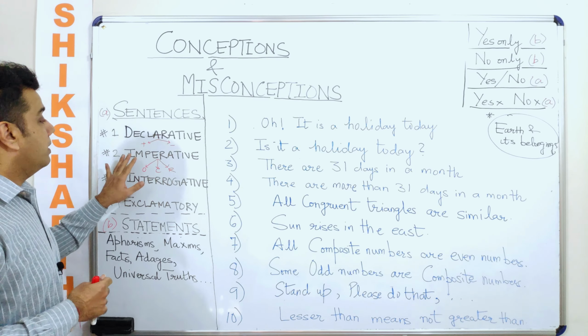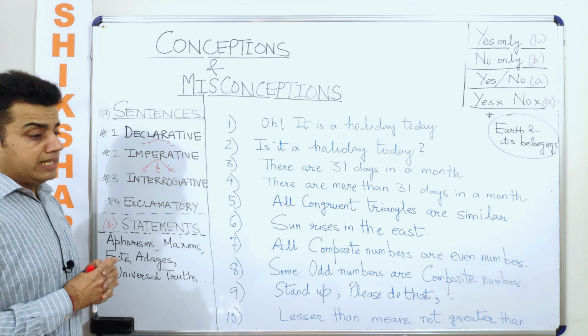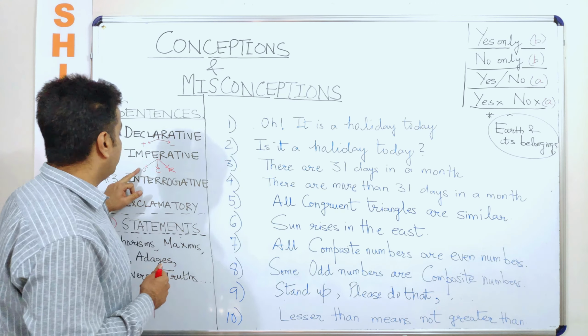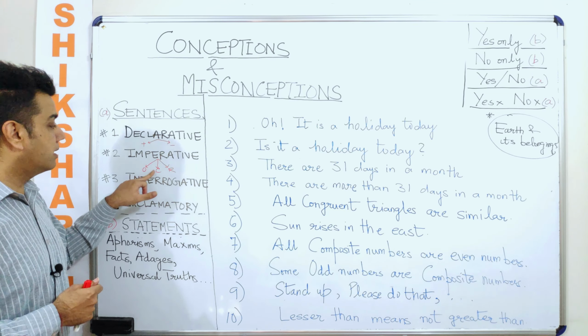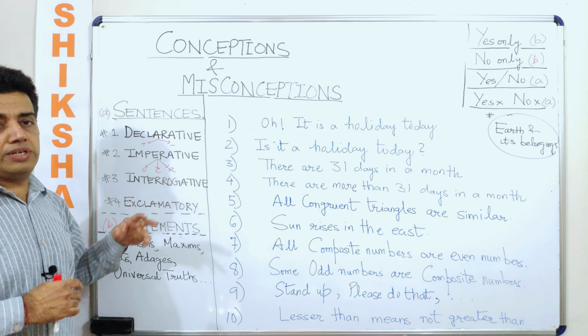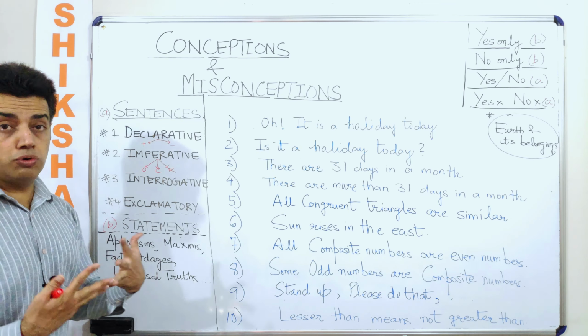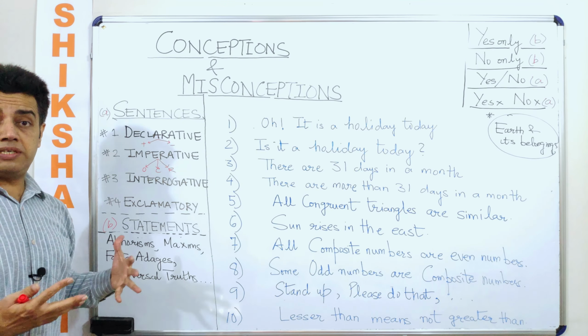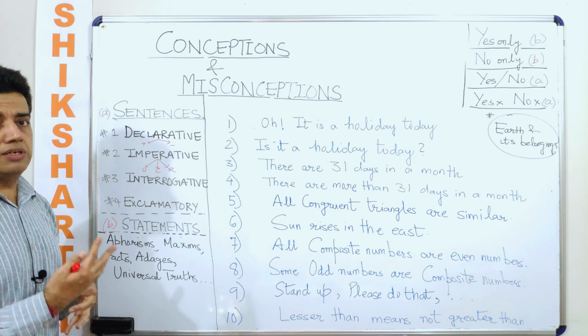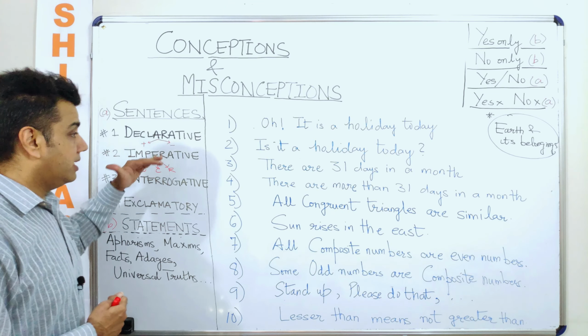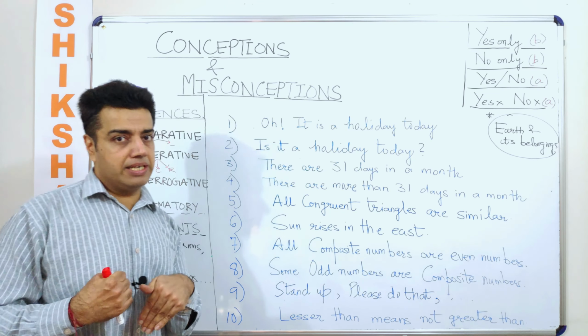Now, imperative sentences either give an order, O is for order, or a command, or sentences which request for something. Oh, my name is Anant! Something of this sort. So what does it make? It is not imperative, it becomes exclamatory.